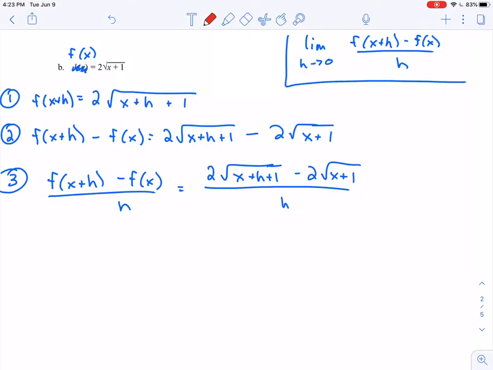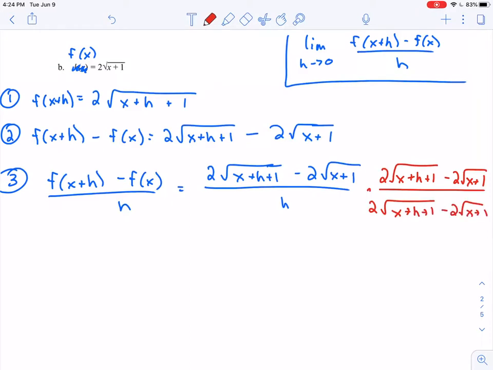So some students will say, all right, if you just multiply by 2 square root of x plus h plus 1 minus 2 square root of x plus 1, do that to your numerator and your denominator, that would get rid of the radical in the numerator. I'd say, well, it's a good try, but you're so close. You're so close, but no. I actually won't get rid of the radicals in my numerator.